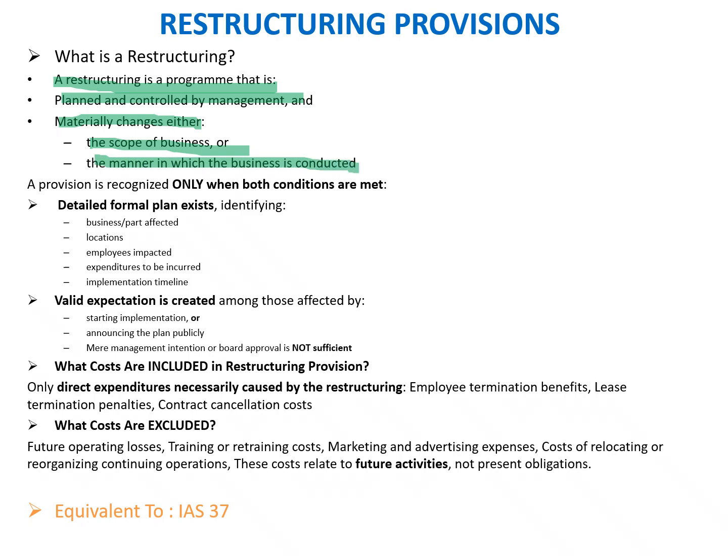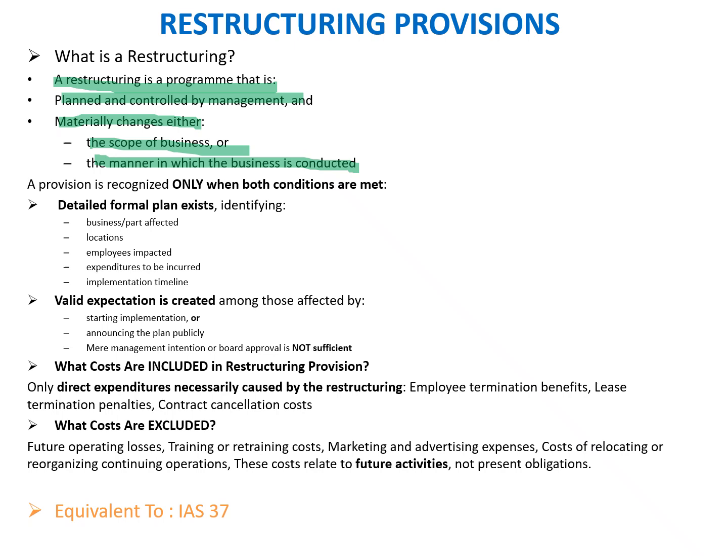Which means there has to be a change in the ways of working, the business model, or the fundamentals of running the business, because of which there is some churn of employees or some changes in the dynamics, which leads to certain costs being incurred at the point when we have taken that decision, or the decision is in the process of crystallization.